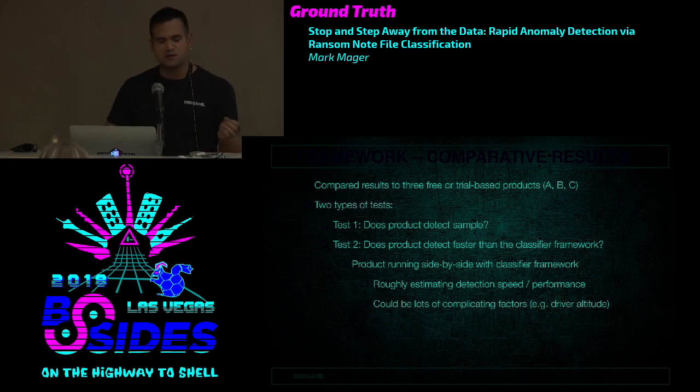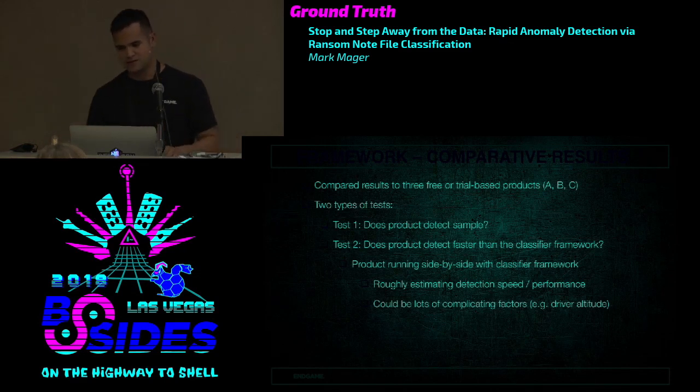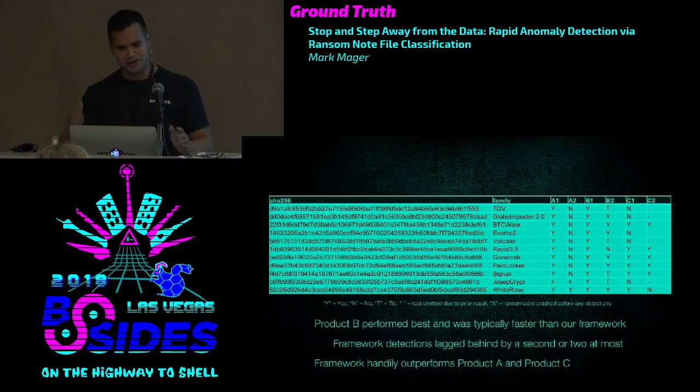Assuming most of these products are based off file mini filter drivers, the altitude at which the driver is installed could determine which driver gets to see a particular file path first and do its analysis before it releases its access to the file path for the next driver on the stack. I don't exactly know how that factors in, and I wasn't particularly interested in reverse engineering all these products. But definitely take these results with a grain of salt.